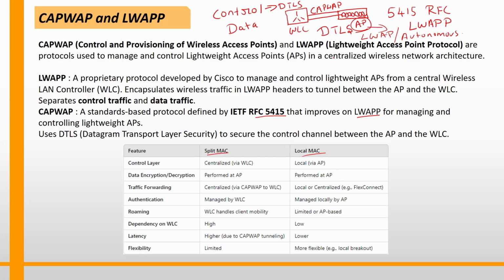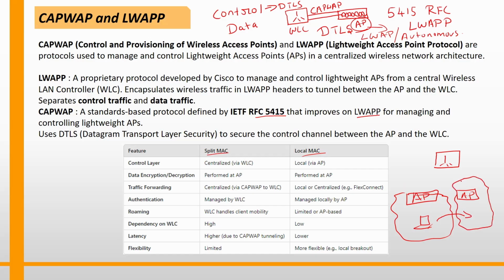What that means is if you have a WLC and you have multiple APs connected to that WLC, now the client is connected to one WLAN, and if he wants to make a transition from one WLAN to another WLAN, that is possible.